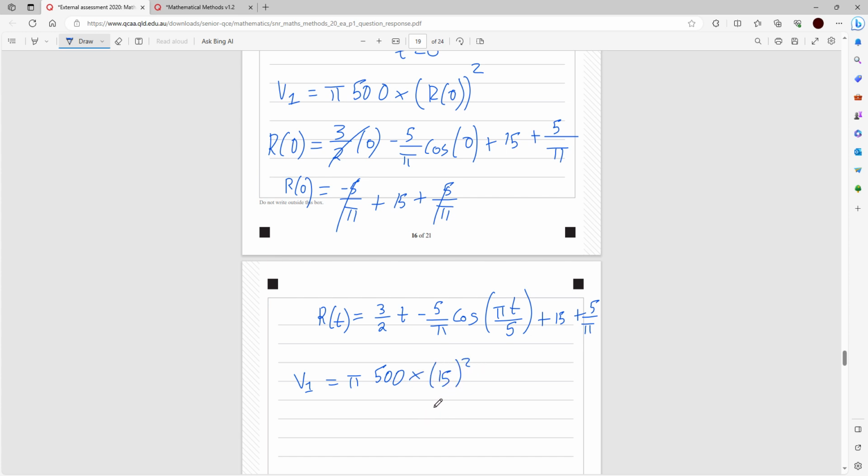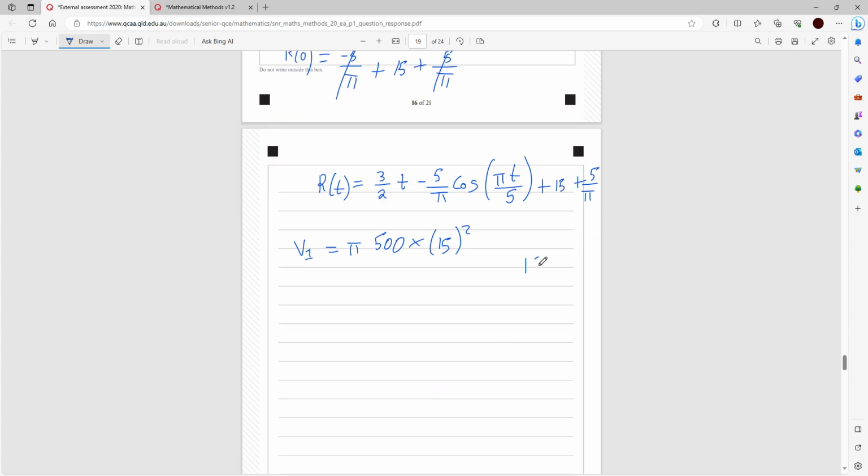Now, that's going to be hard to actually work out, but you can do it, I think. So all we've got to do is go 15 times 15, because remember this is a non-calc paper. 5 times 5 is 25. 5 times 1 is 5, plus 2 is 7, and then 1 times 5 is 5, and then 1 times 1 is 1.